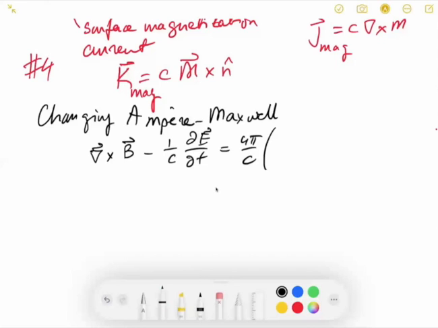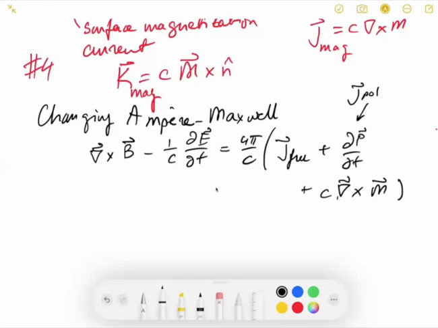Now we will have our J free, that's our original freely moving current density, the one we have from magnetostatics and stuff in vacuum. And now we also have our dP/dt, which is our polarization current. And we also have our magnetization current. So that's our curl of M.